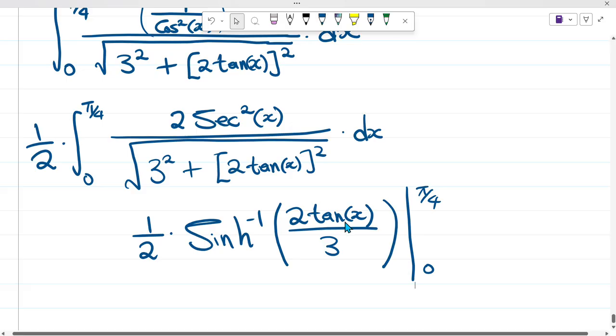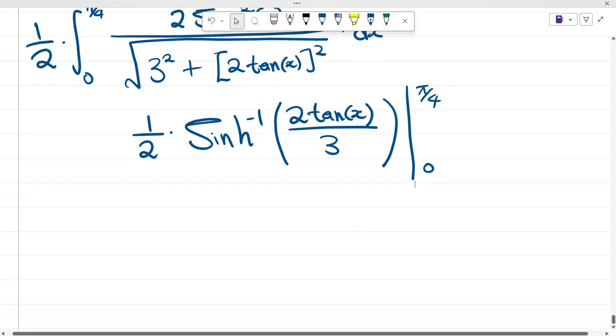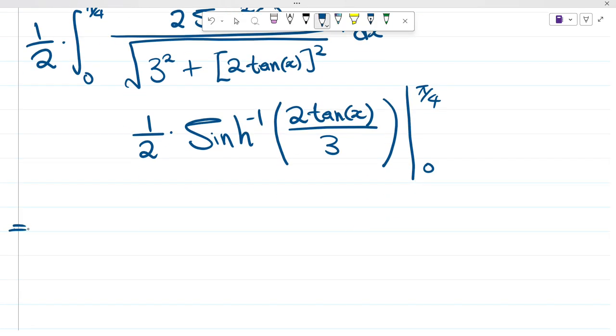The thing to be aware of is that this answer involves a trigonometric function, so you need to make sure that your calculator is in radians when we punch our answers in. So now we're going to punch our answers in the calculator to substitute the limits.